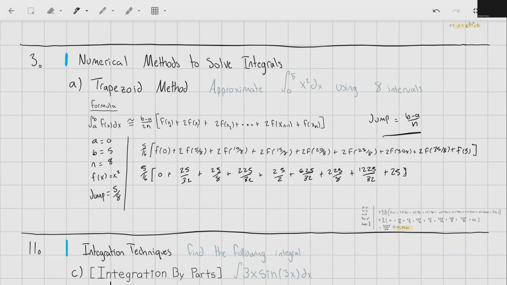When you plug this into a calculator, the final answer you get is 5,375 all over 128. And that's approximately 41.9922. This is the final answer.